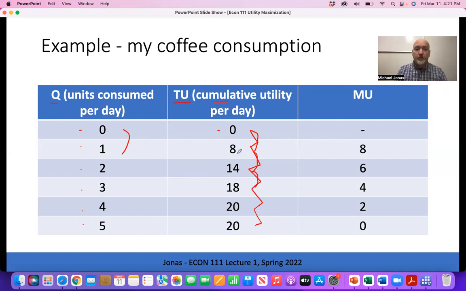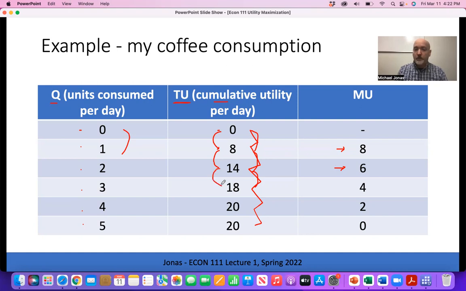So the first cup of coffee brings my happiness from 0 to 8, so the delta TU is going to be 8. The second unit brings me from 8 to 14. So I add 6. There's the delta, there's the change, 6, and so on and so forth.